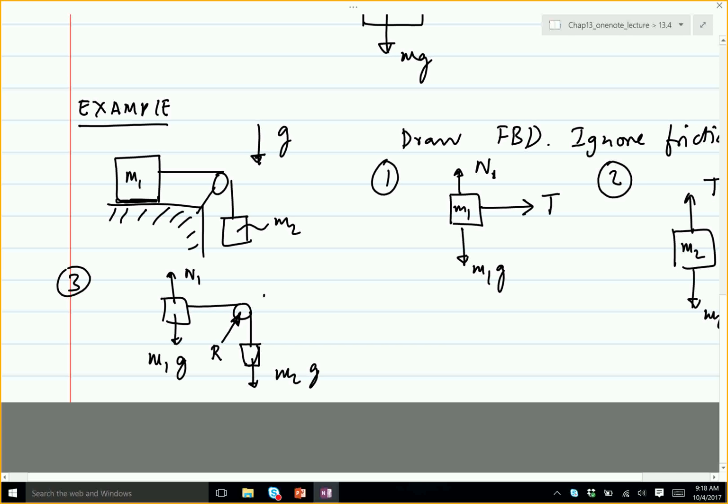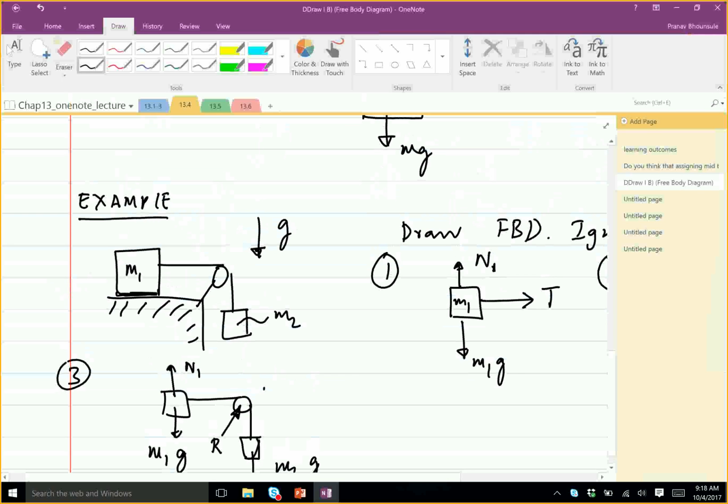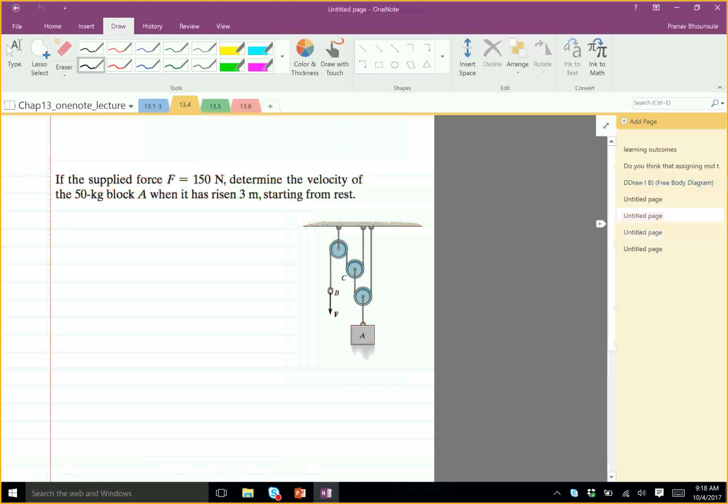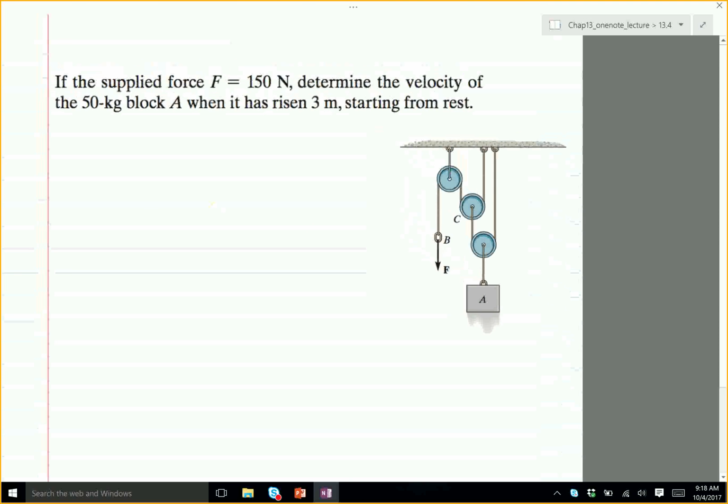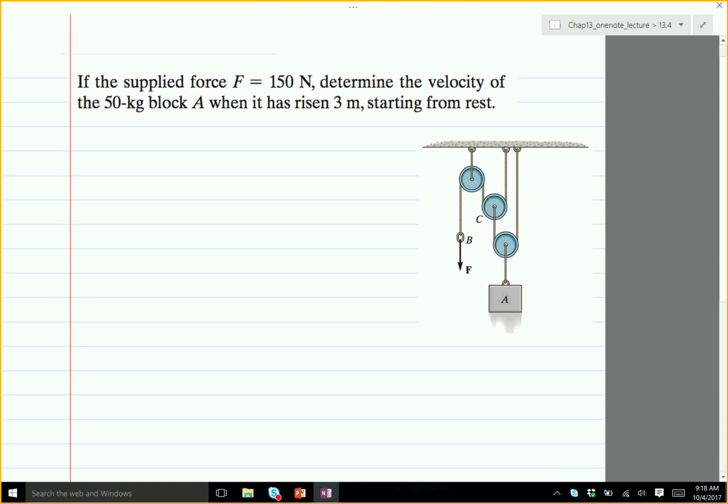Okay, so I think this will be more clear once we start solving problems. So here is the first problem. If the supplied force is 150 newtons, determine the velocity of the 50 kg block when it has risen 3 meters starting from rest.